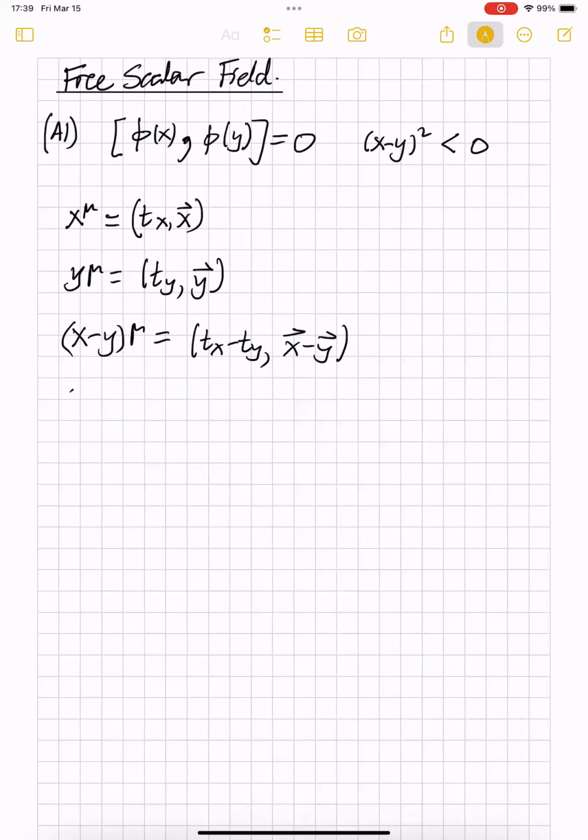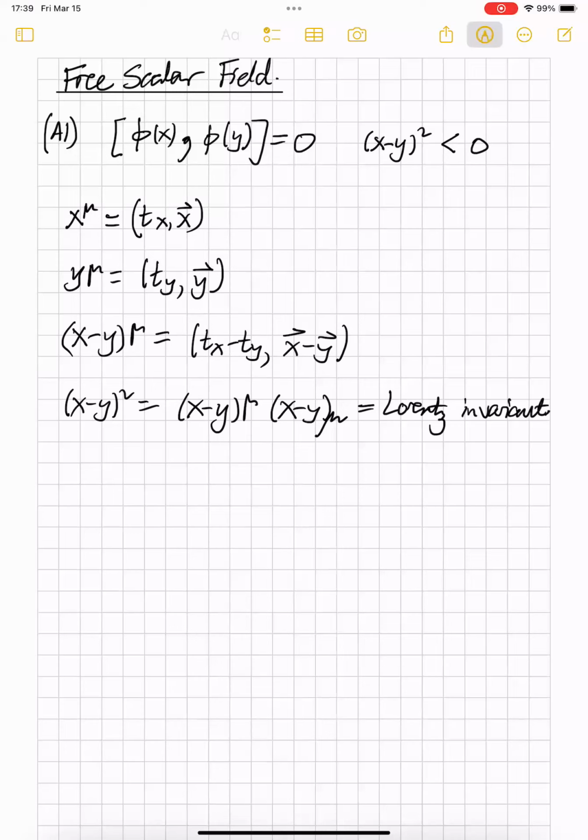When we say (x minus y) squared, we mean (x minus y)^μ and (x minus y)_μ. So we are taking the contraction of a 4-vector with itself. Now, if I contract two 4-vectors, this quantity is Lorentz invariant. And that's good. It means if one inertial observer thinks the two fields are space-like separated, all inertial observers will agree that they are space-like separated. So the axiom A1 is something that we are saying for all inertial observers.